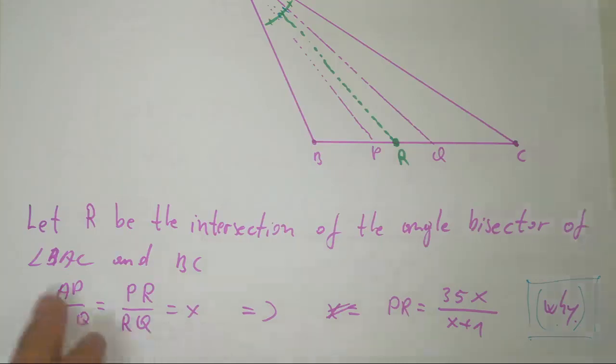Because we denoted x, this ratio, AP over AQ. None of you showed that they are equal? All right, I'll show you the workout here.